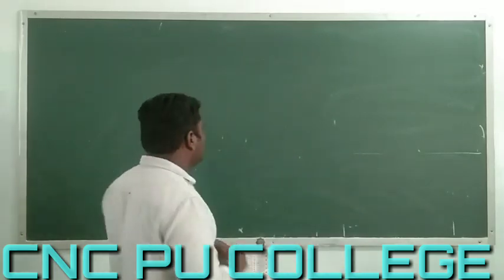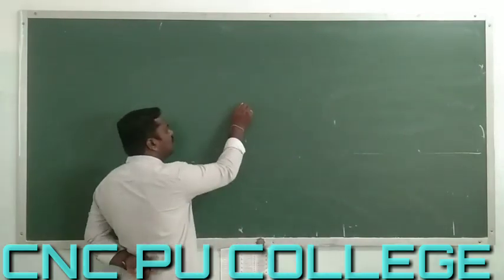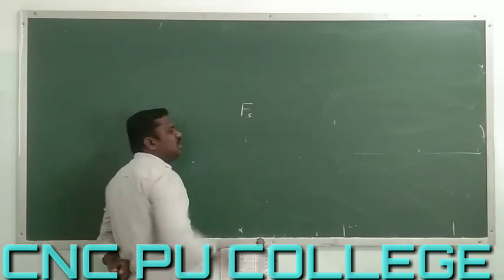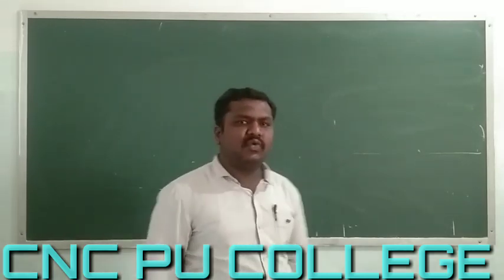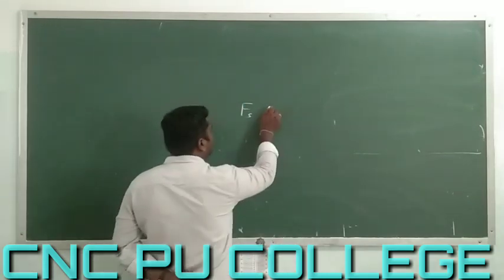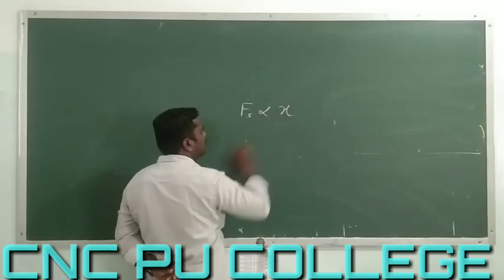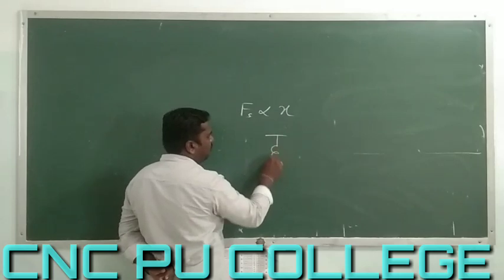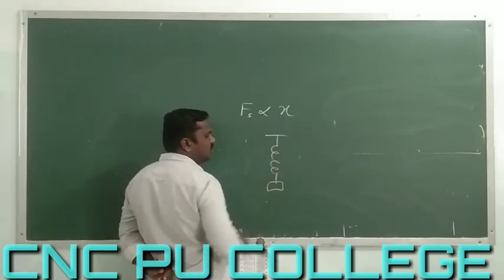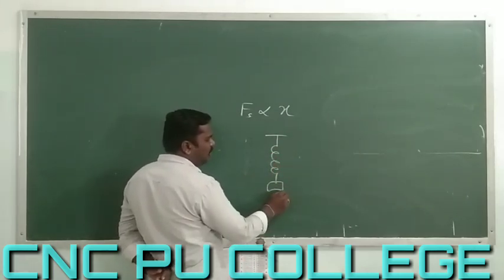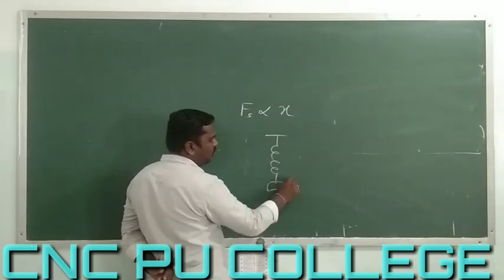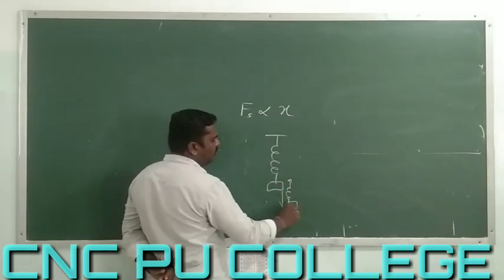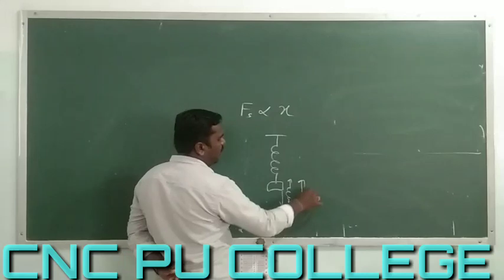So let us just consider the relations. We can consider Fs as the spring force or restoring force. This spring force is directly proportional to displacement. Let us have the spring. If this is at rest position, let us apply some force and displace that spring through a distance of x.